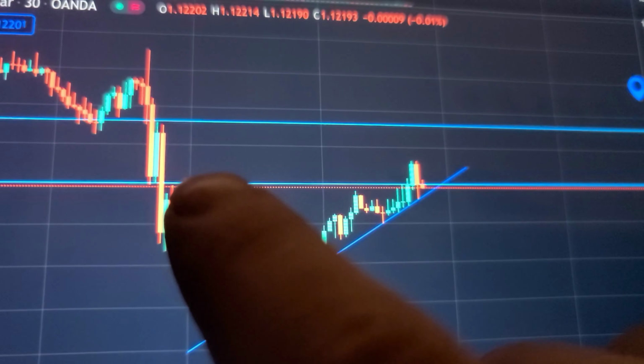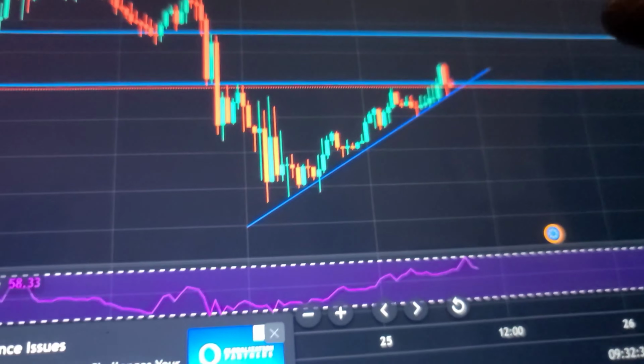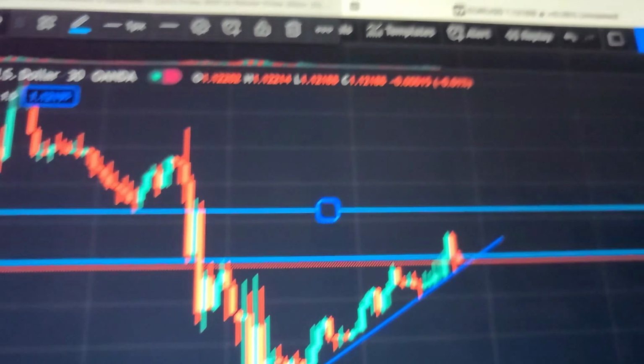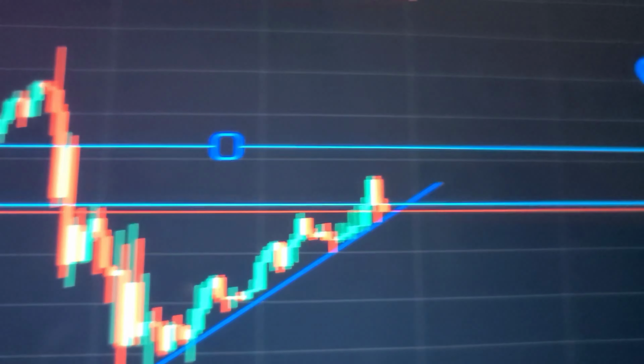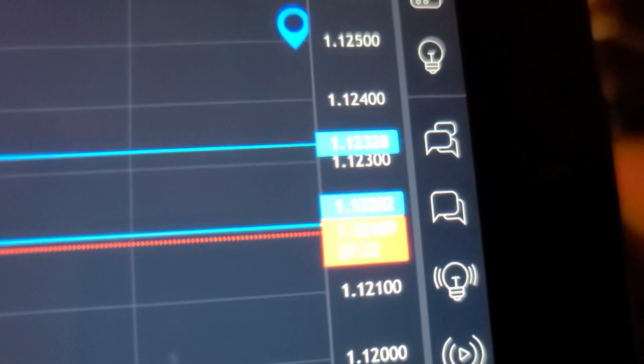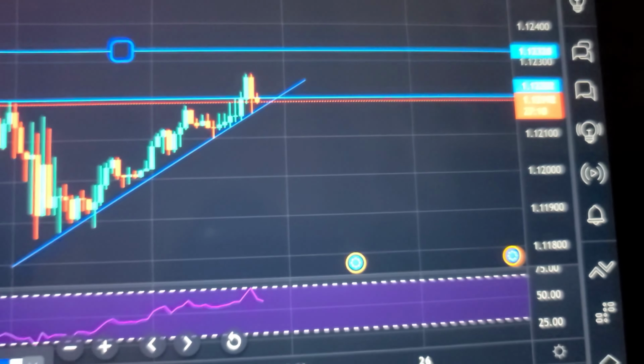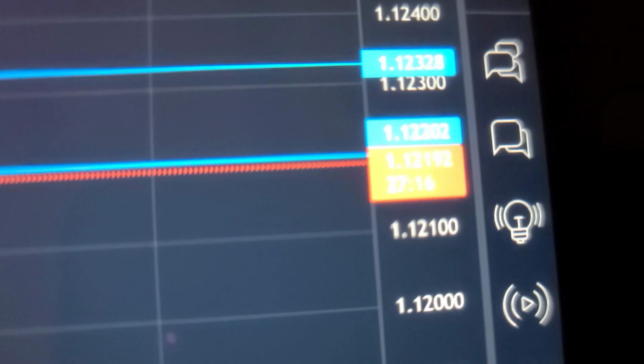As long as it breaks above this, we're going to aim for here. That was my goal for a take profit at 328, and my entry was going to be around 202.